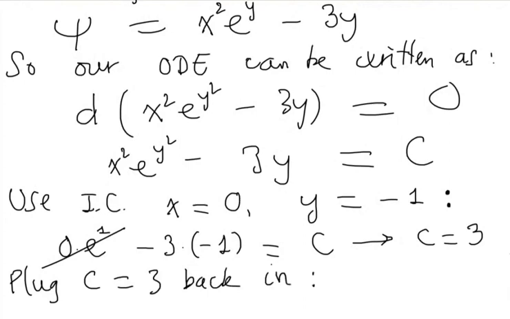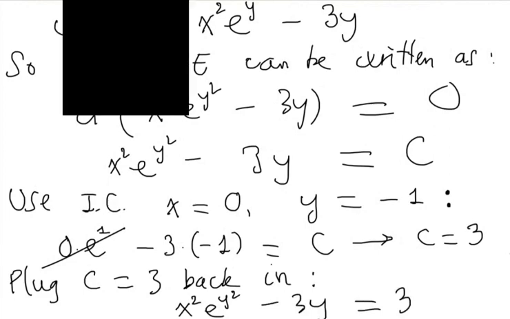We have x squared e to the y squared minus 3y equal to 3.